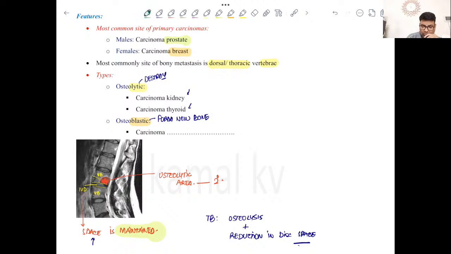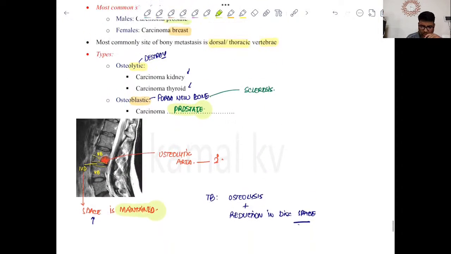And when there is formation of new bone, we call it sclerosis. Right? So here it is osteolytic, here it is osteoblastic or osteosclerotic, and this entity is carcinoma prostate. Fine. Just remember this term because of this unique feature. It has been asked many number of times, right? So this is very important here.